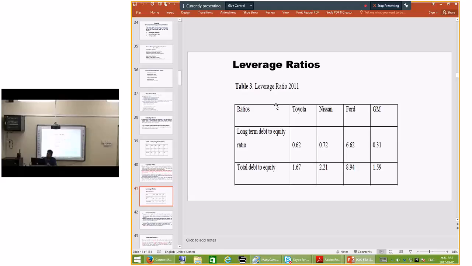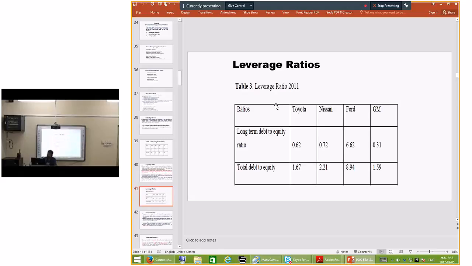All other companies have a good long-term debt to equity ratio. The total debt to equity ratio is also high in Ford, 8.94, which is not so good. But all other companies have 1.67, 2.27, and 1.59.